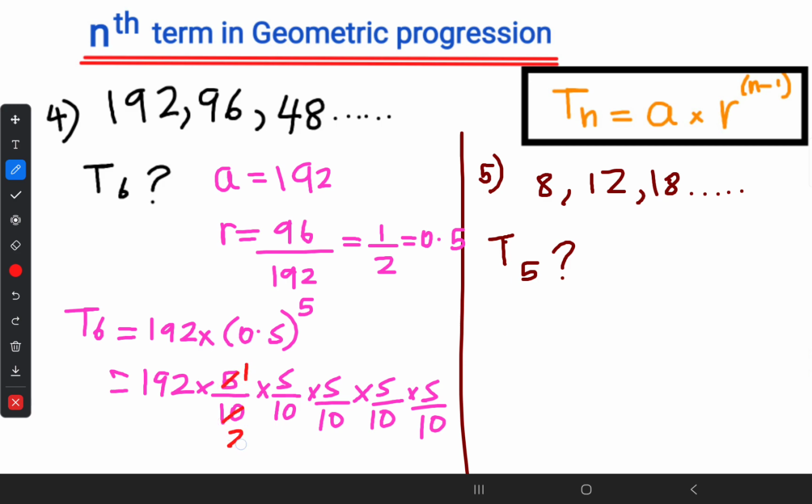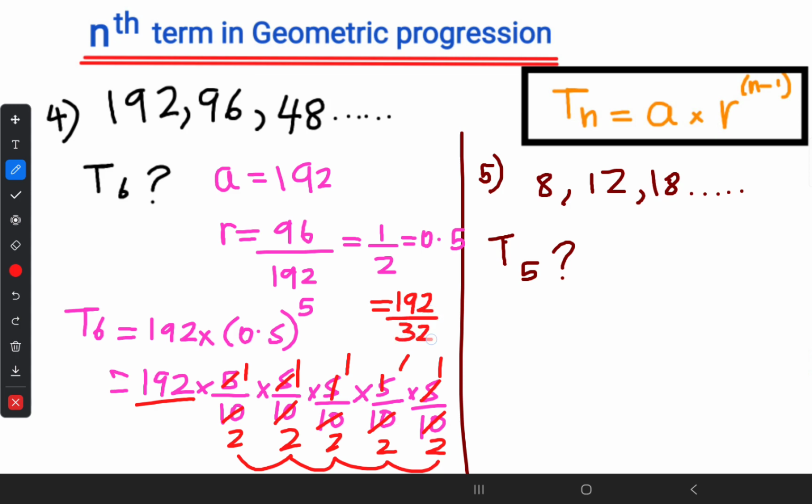Then 2 into 2, 4, 4 into 2, 8, 8 into 2, 16 into 2, 32. So 192 divided by 32. That will give you 6.